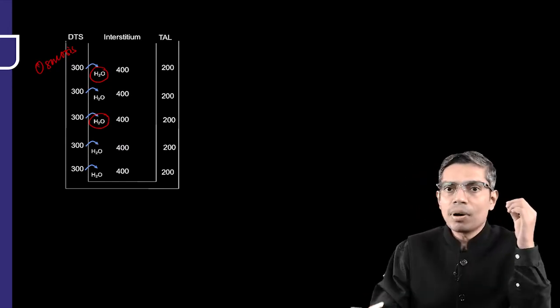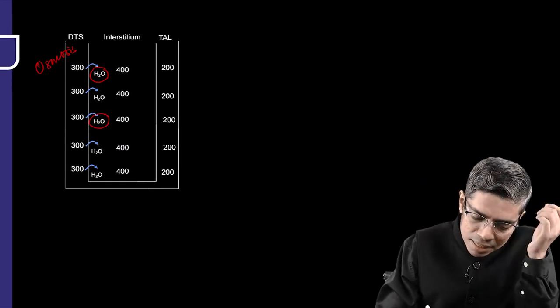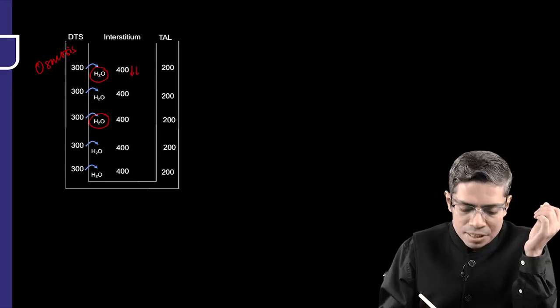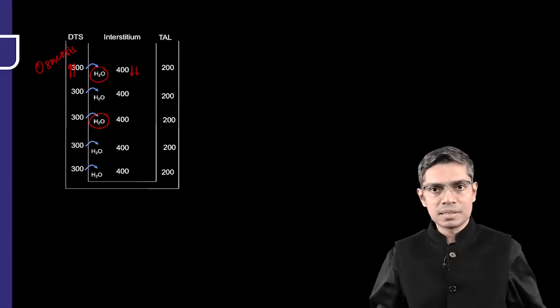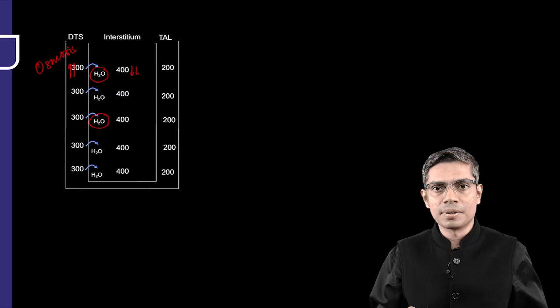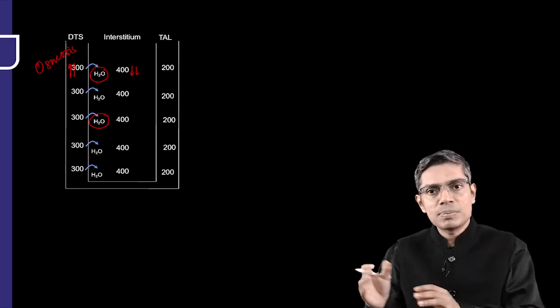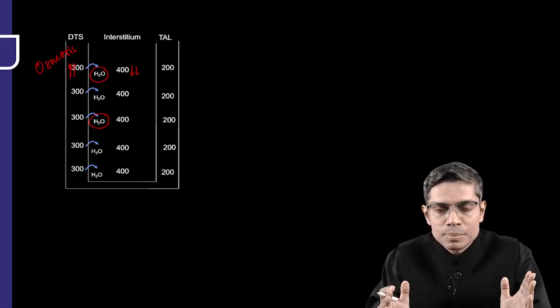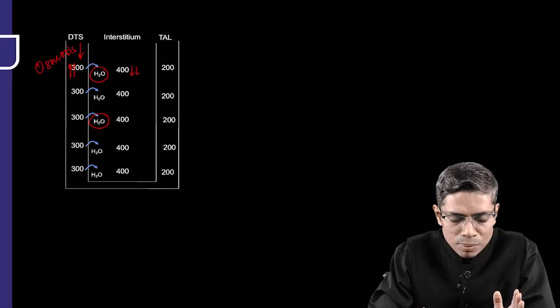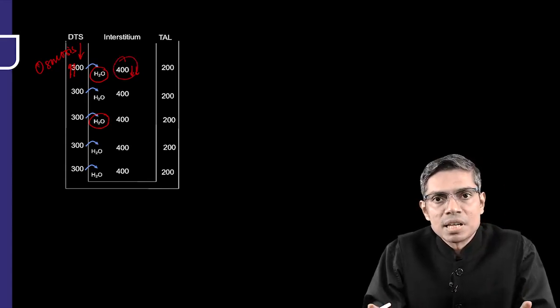Whenever you are reabsorbing water, there will be a little decrease in tonicity of the interstitium, and a little increase in tonicity of the luminal content of the nephron. But this water reabsorption will continue until there is a balance between the descending thin segment of the loop of Henle and the medullary interstitium osmolality.